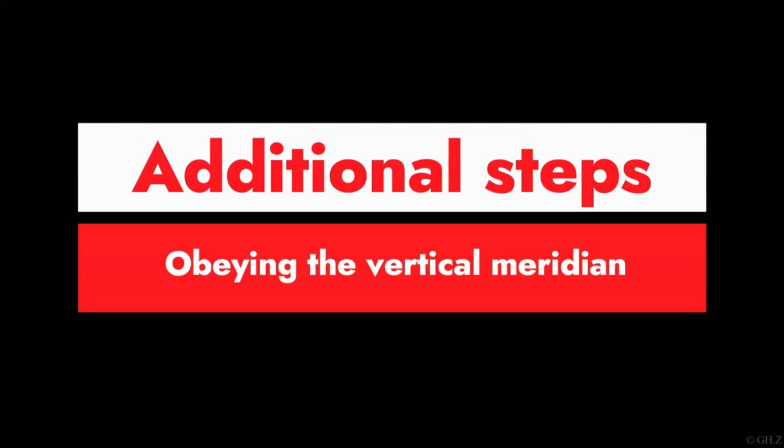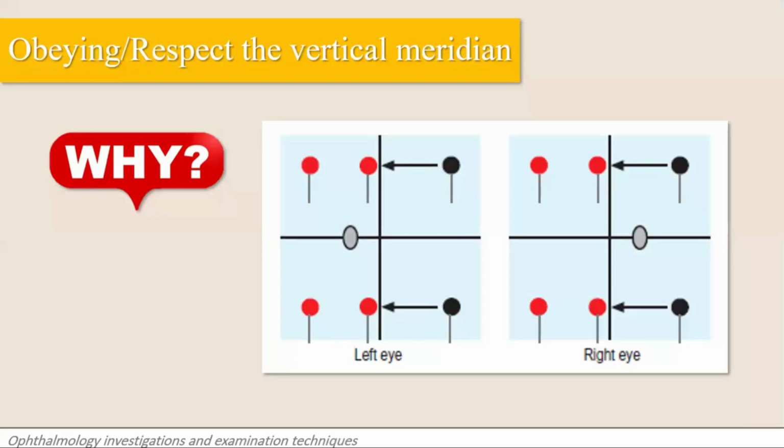How about obeying the vertical meridian? I will explain on the slide first. By the way, this is a schematic representation of the visual field defect. As you can see here, the red pen is not seen on the right temporal field here and the right nasal field here. This is right homonymous hemianopia, for those who are confused.